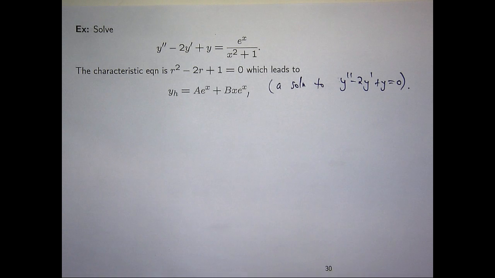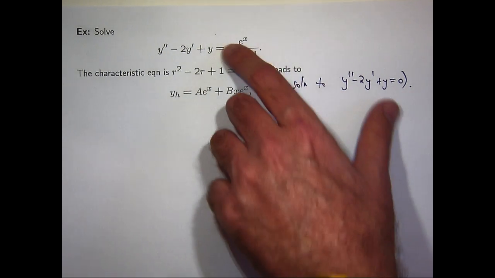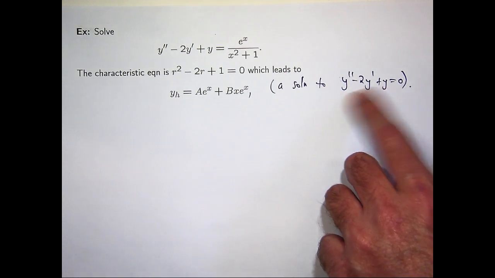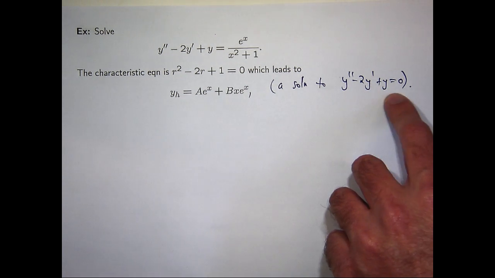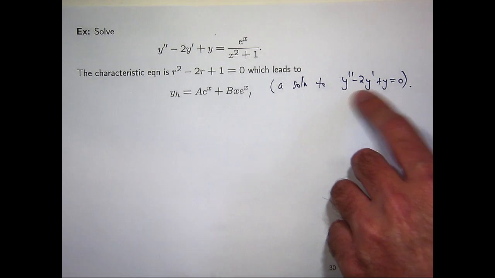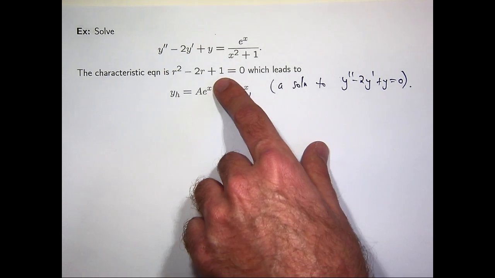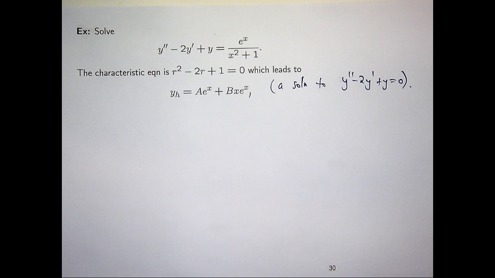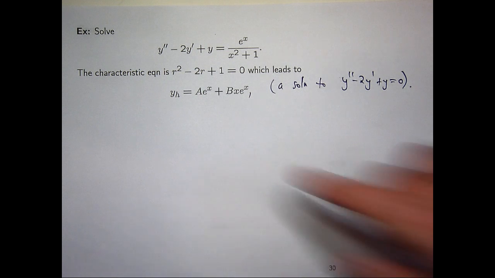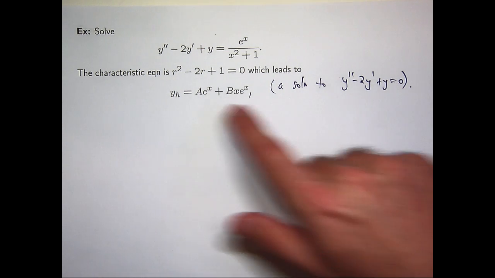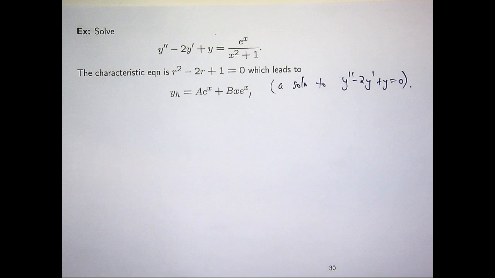You would make that right-hand side 0 to form this homogeneous problem, and write down the characteristic equation, which is that. You would solve it and get real and repeated roots, r equals 1 and r equals 1. They're repeated, so the solution to this problem is of this form, where big A and big B are constants.